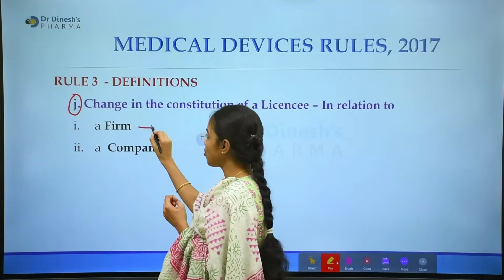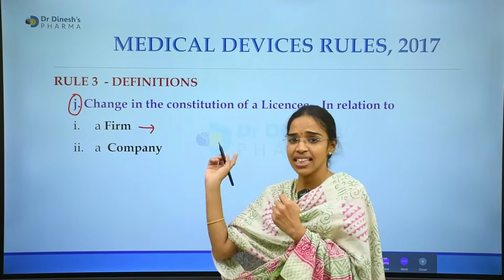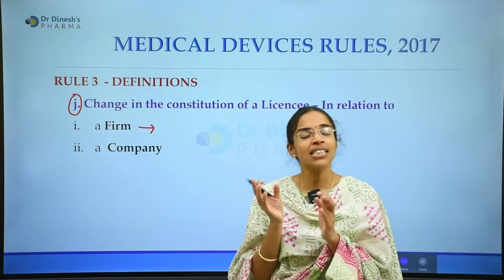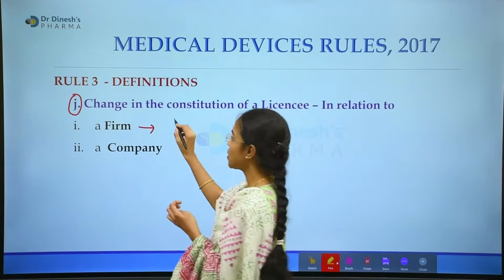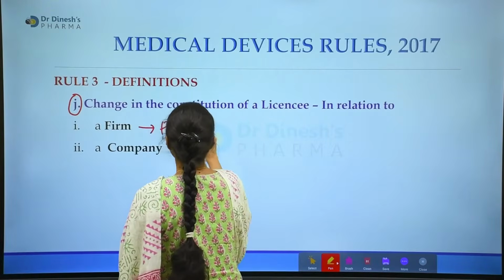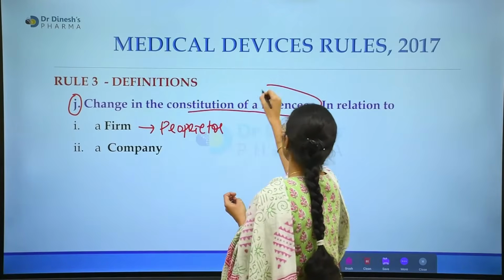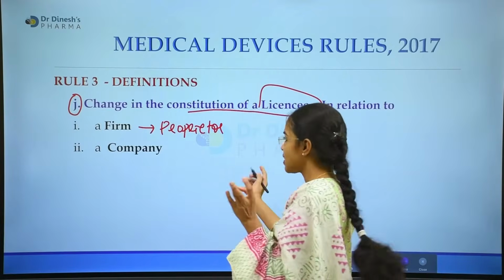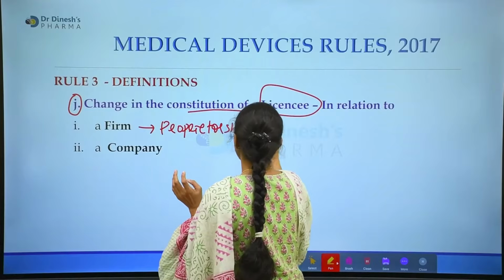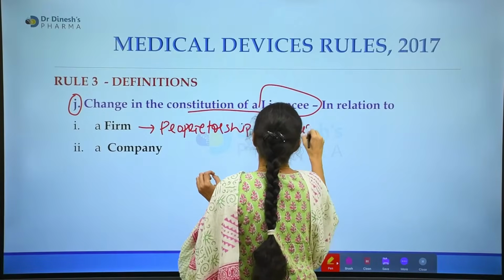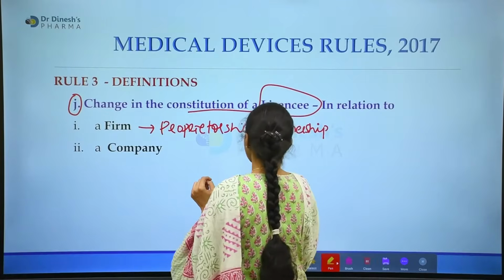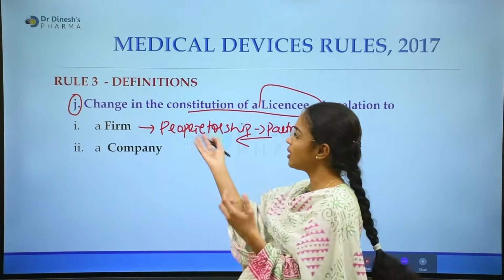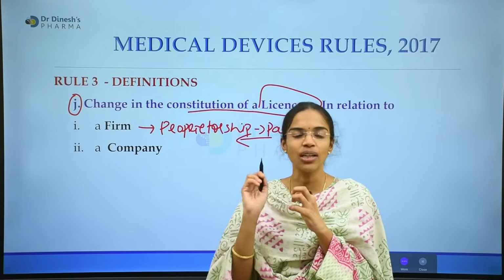If it is a firm, it again has subclauses 3J1 and 3J2. Under 3J1, if it is a firm, it covers the change in the proprietorship. If the licensee, a person or a firm, has changed from proprietorship to partnership, or from partnership to proprietorship, anything like that comes under rule 3J1.